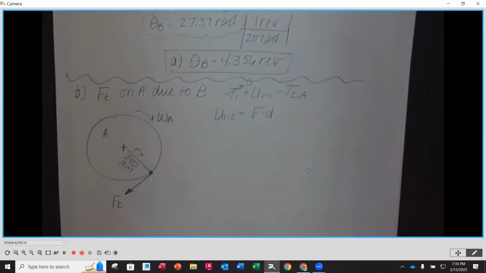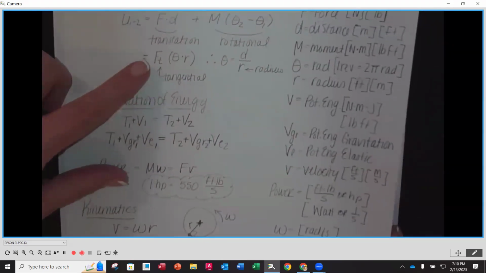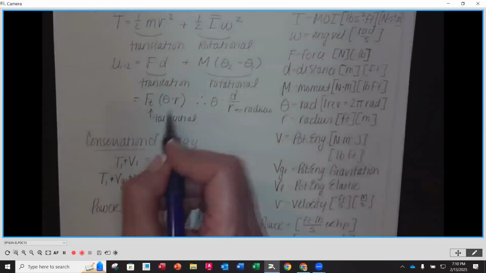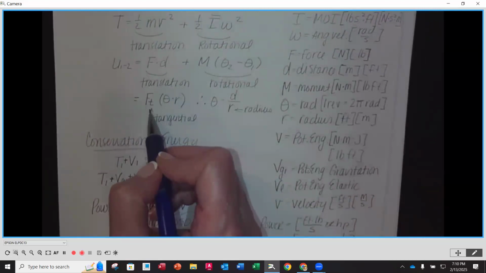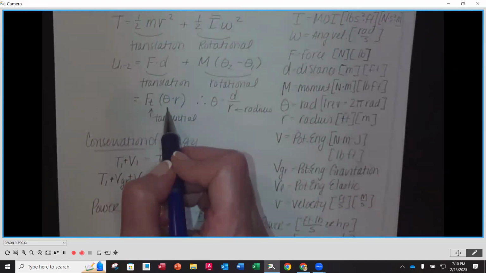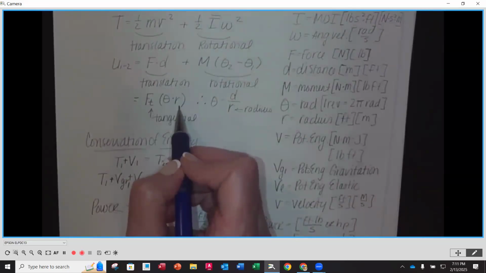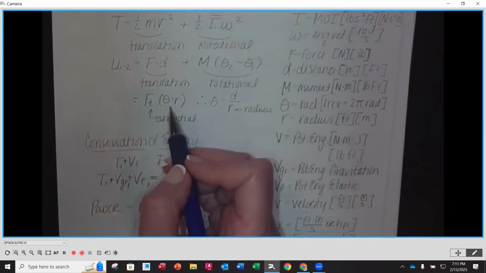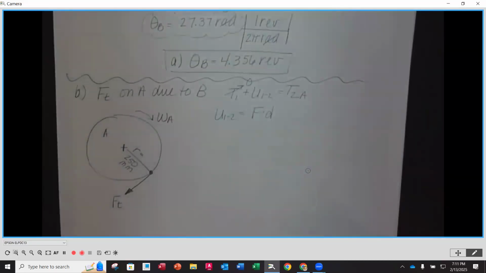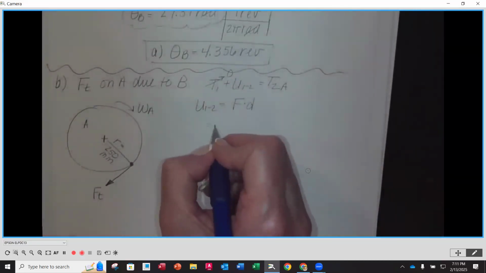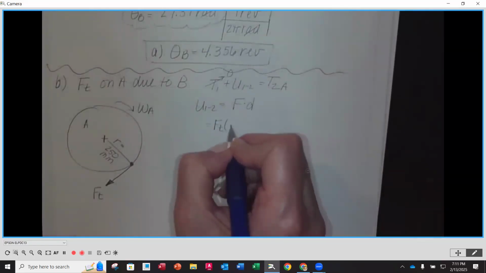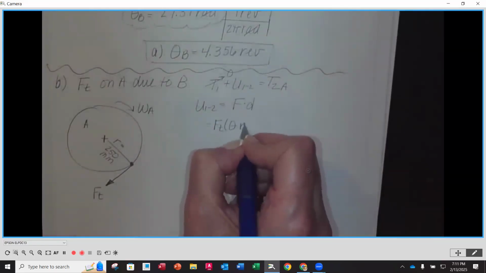And if you remember, this was an extra little equation that we expanded out on our equation sheet, where the tangential force is equal to the radians times the radius. Now, the radians they're going to go through, we're going to calculate that.